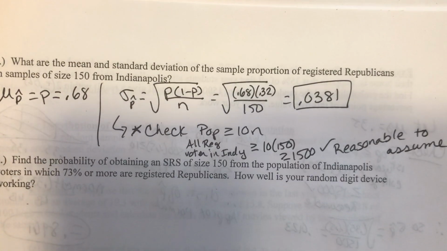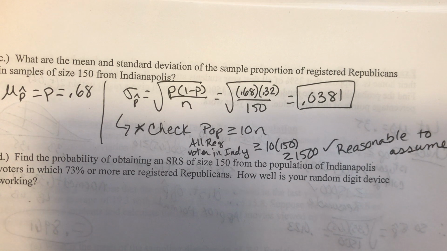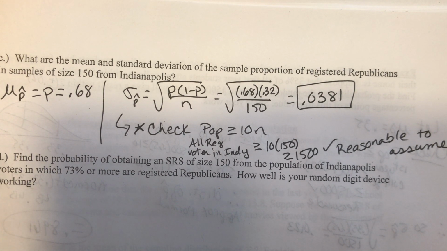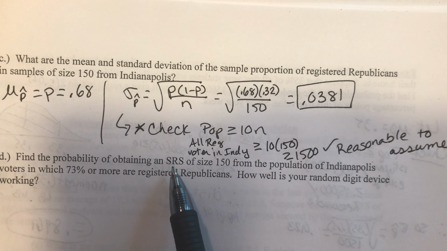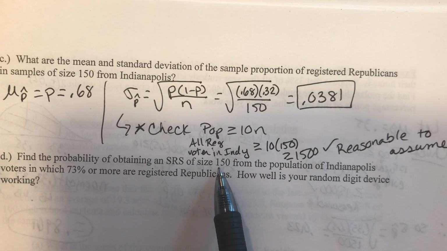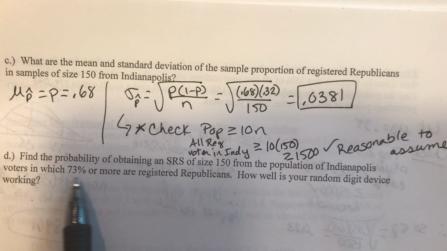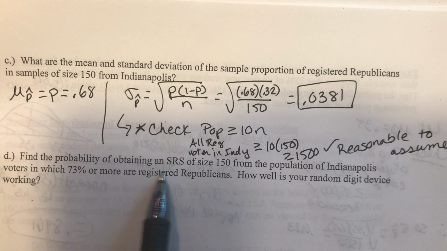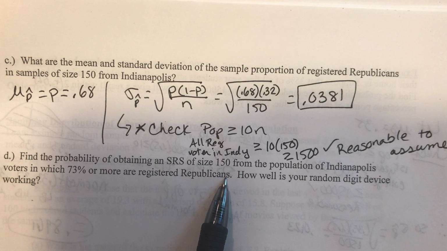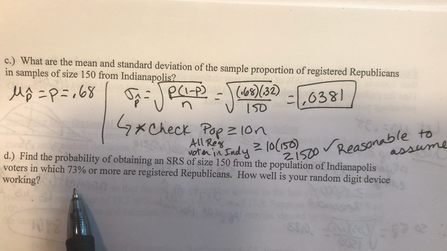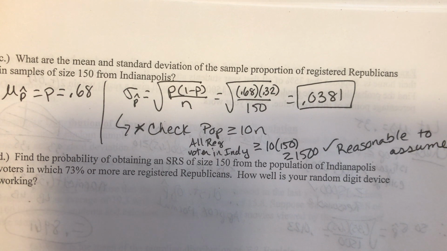Part D now is saying, can we find the probability? What's the probability of getting a simple random sample of size 150 and getting that simple random sample to have a proportion of 73% or more as registered Republicans? With that, we're going to be using the normal curve.